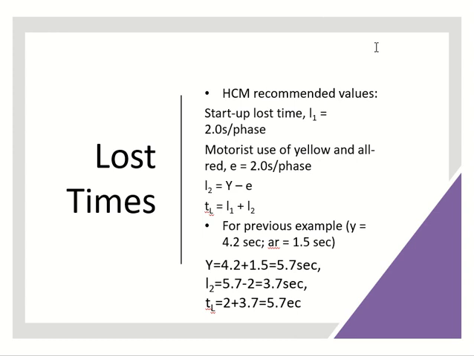So again, they did their own study. And they found that vehicles which are arriving after 2 seconds of yellow think that we don't have enough time, we should stop. And they stop. If you go back to the previous example, our yellow was 4.2 seconds.